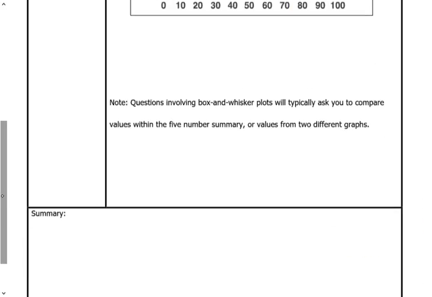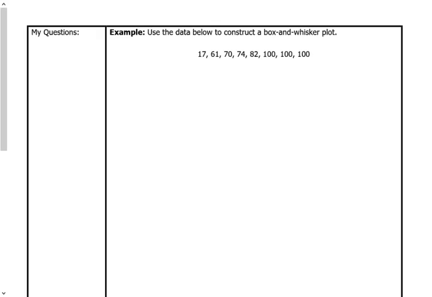So basically, our job is to compare values or look at 2 values from 2 different graphs. We can't do much of it until we actually understand how to construct it. Now, here's one thing. I advocate a lot of doing things by hand because it's important that you understand why things work.